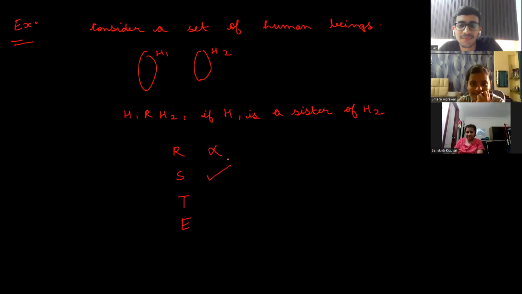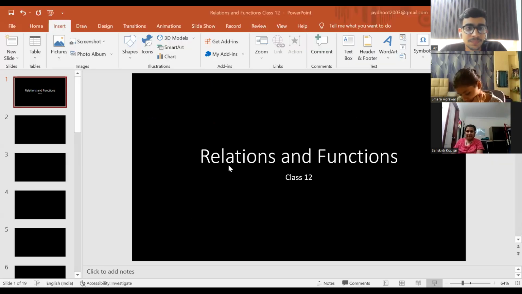What about transitive? That's a good one. Think about transitive. Yeah, it will be transitive. Sure? Yeah, like if 2 is a sister of 1 and 3 is a sister of 2, then 1 and 3 are also sisters, right?